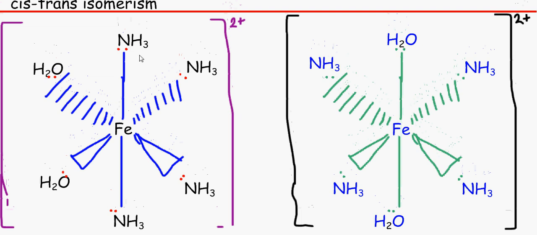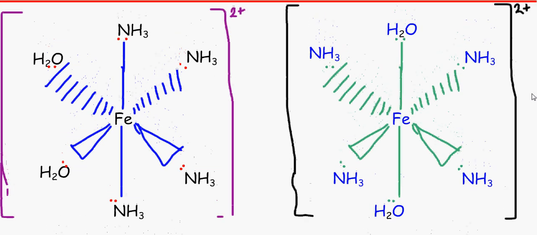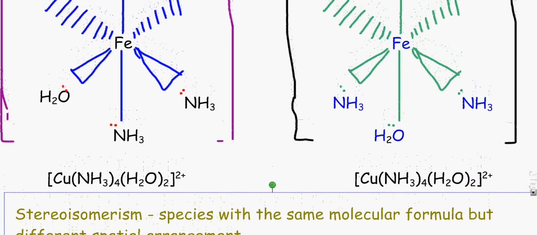As you can see here, we have two water molecules which are close to each other, so we call it cis isomerism. The way I like to think about it is that they are sisters, they are close to each other. It might not be a good idea, but that's the way I remember it. And as you can see here, these are far away from each other, so therefore they are called trans isomerism.